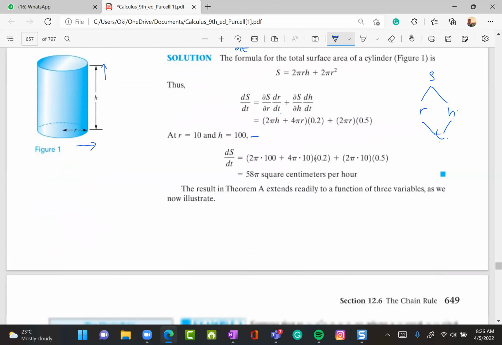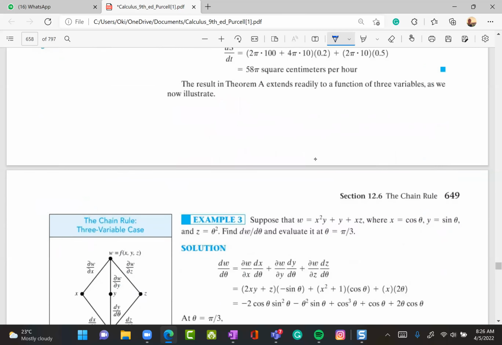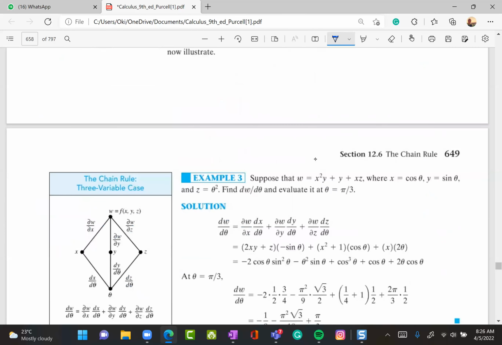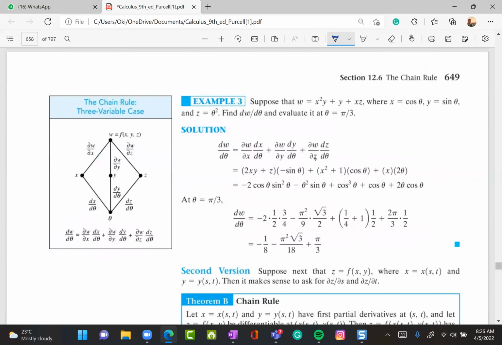All right, before going to an example from the exercise, let's just extend it to 3 variables. Nothing different, we just need one more variable. So W has 3 variables, x, y, and z, and each of x, y, z is a function of theta, for example.